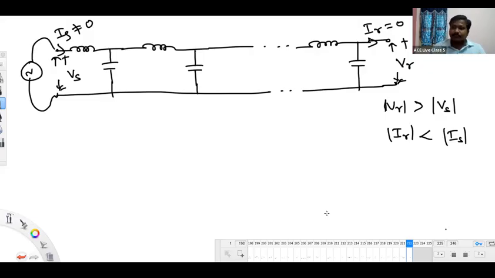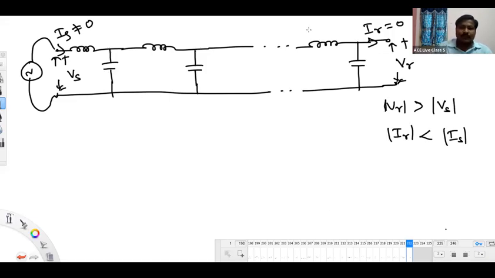Else in reverse, if voltage magnitude starts decreasing, current magnitude starts increasing. This will happen always in transmission lines. If you don't have any change in the voltage magnitude, you don't get any change in the current magnitude also, like for the case of loading equals to SIL.